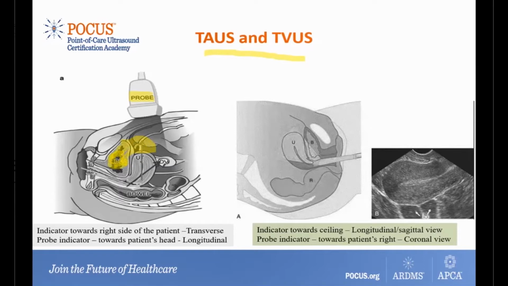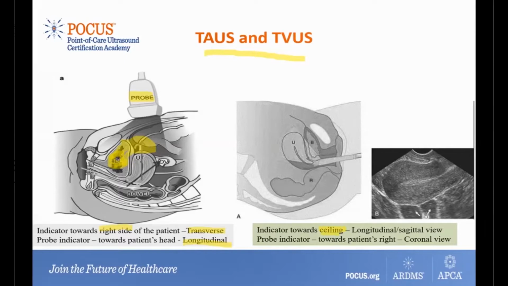The probe marker for performing a mid-longitudinal view will be pointing towards the patient's head, and when you're performing a transverse scan, the probe marker should point to the patient's right side. When you look at the transvaginal approach, the probe indicator is pointing towards the ceiling when you're doing a longitudinal or sagittal view.